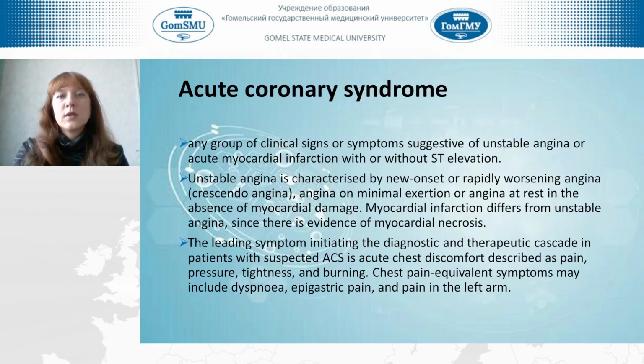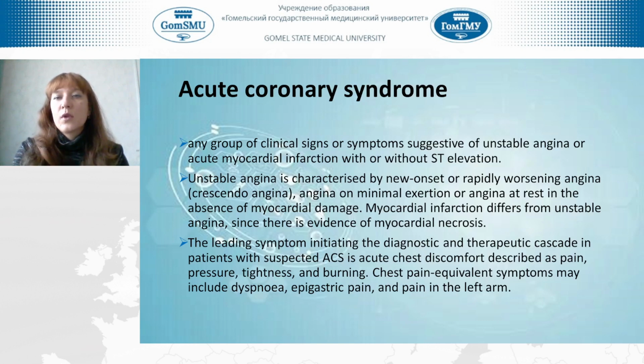Acute coronary syndrome. A group of clinical signs and symptoms suggestive of unstable angina or acute myocardial infarction with or without ST elevation. Unstable angina is characterized by a new onset of rapidly worsening angina of minimal exertion, or angina at rest in the absence of myocardial damage.